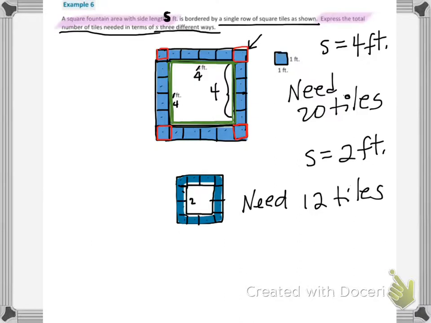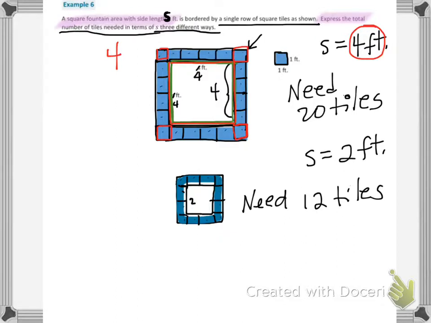They did not have a face that met the side that we were talking about. They just had that little corner piece. So how many of those did we have? We had 4. So we had the 4 corner pieces. Now, when s equaled 4, we have this square fountain section here, and we know we have 4 sides. 1, 2, 3, 4.